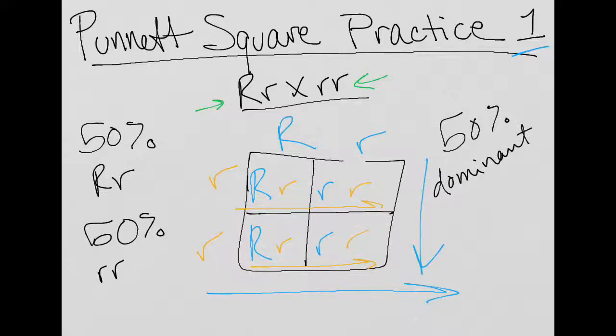I know that because 2 out of my 4 offspring have a dominant allele, therefore they will be dominant, and 50% of my offspring will have the recessive phenotype. I know that again because 50% have only the recessive alleles.